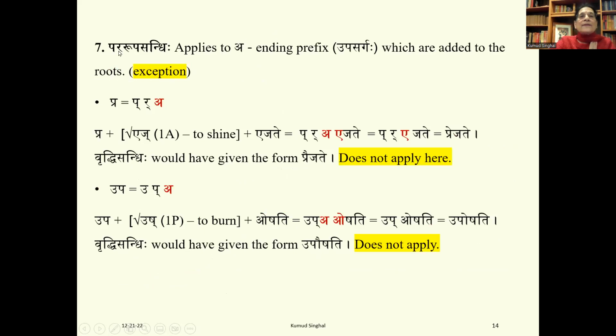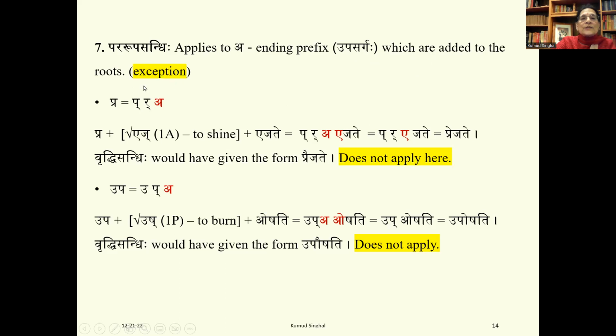So the seventh sandhi is called Pararupa Sandhi. This is an exception sandhi. It applies to a-ending prefixes, upasargas, which are added to the roots. Sometimes upasargas or prefixes are added to the roots to change the meaning or to emphasize the verb.